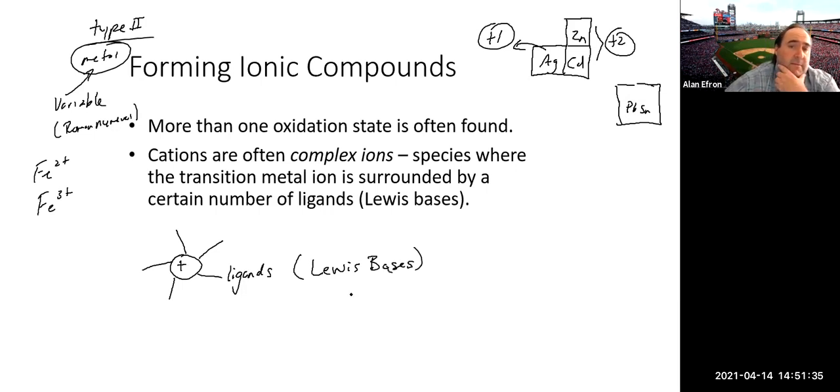Hopefully you remember a Lewis base is something that will donate a pair of electrons. So an electron pair donor, giving away a pair of electrons. Remember, Lewis acids are things that are typically electron deficient, that have a positive charge.